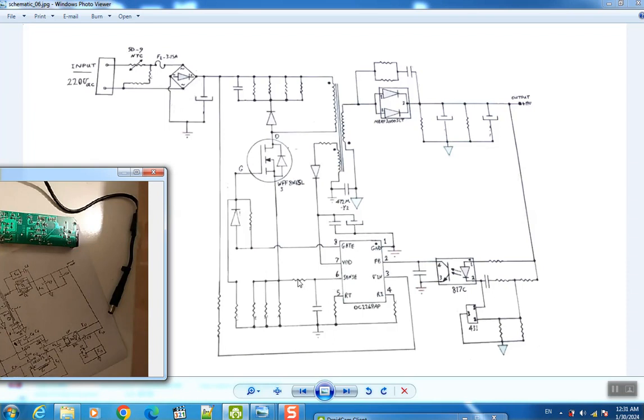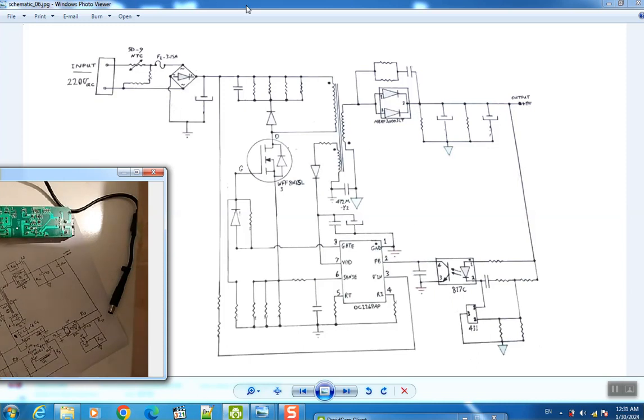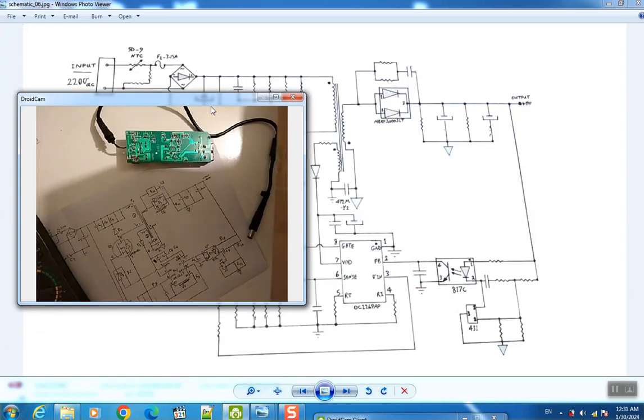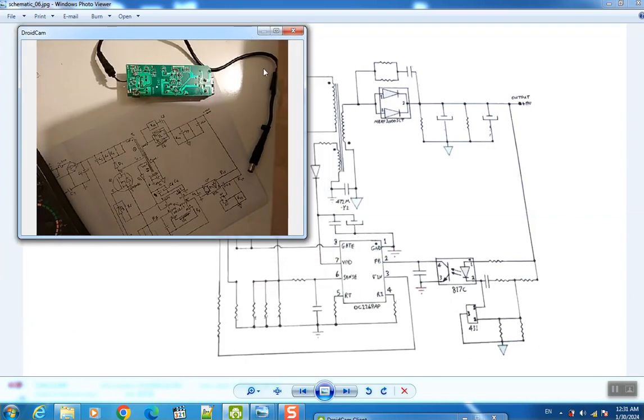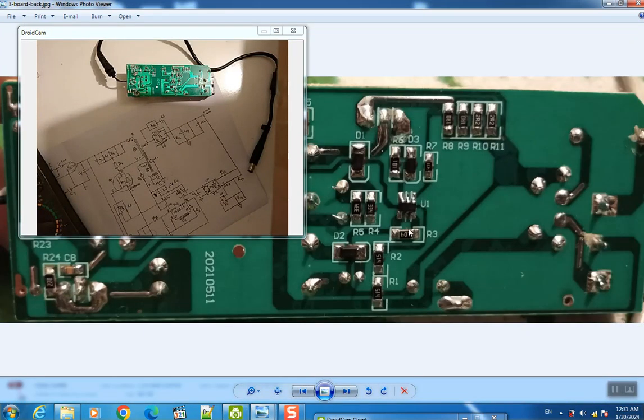This is R7. So I write down R7 here in this page. And by tracing the other elements which are connected to R7, I try to find and complete this resistor. I try to check this resistor with a multimeter.